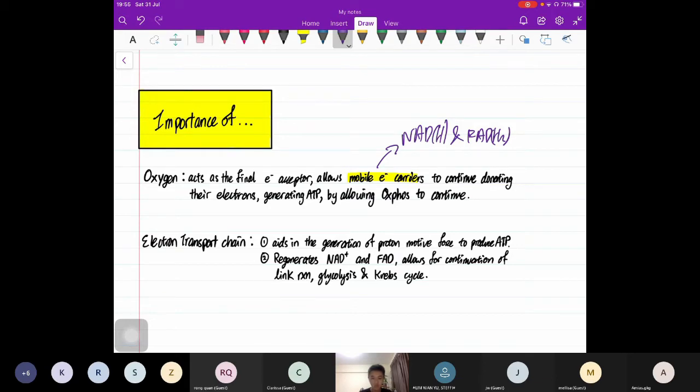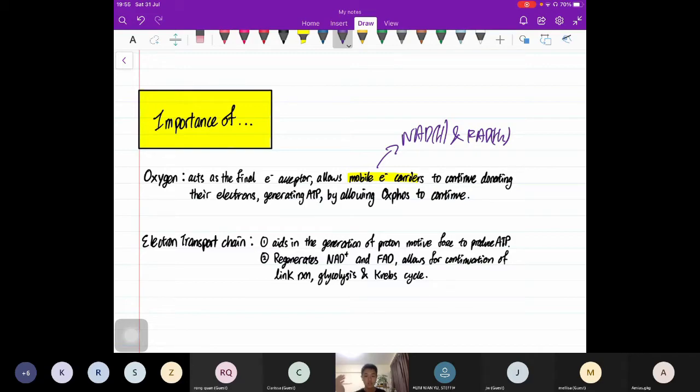And if OXPHOS can continue, ATP can be generated. So the importance of oxygen, first mark is your final electron acceptor. Second mark goes to everything else, which is it allows it to continue donating. That's half a mark. Continue donating, allowing OXPHOS to continue. That's another half mark, and then ATP is generated. There were no marks, but it's inferred from OXPHOS being able to continue.